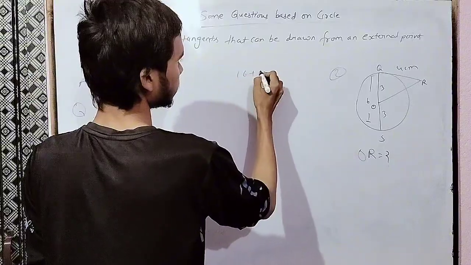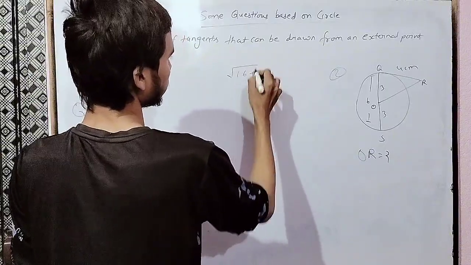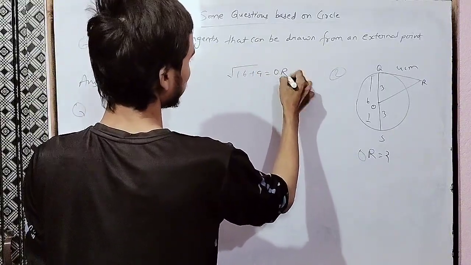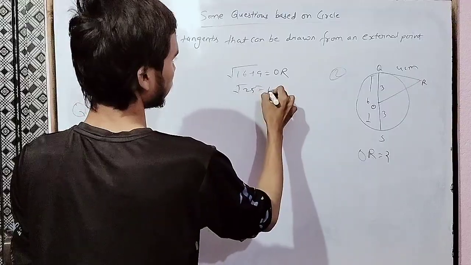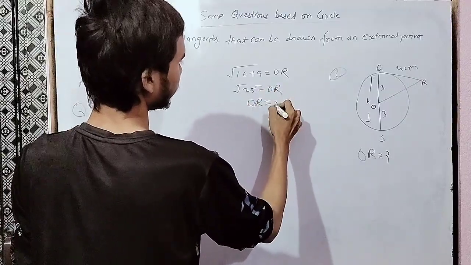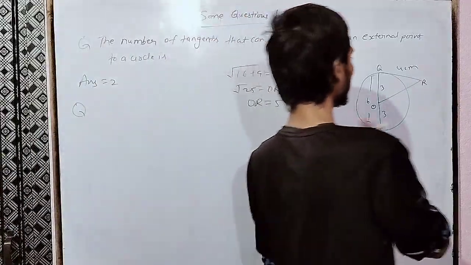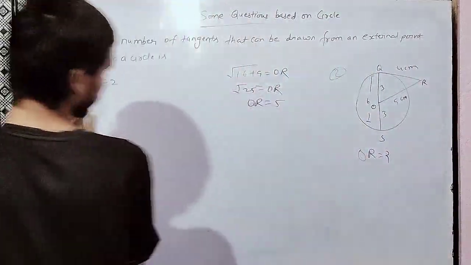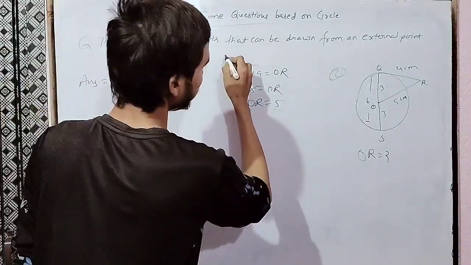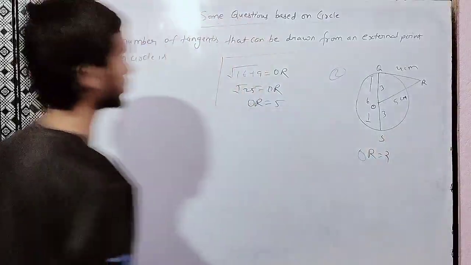So 16 plus 9 will be 25. OR squared is 25, so OR is equal to 5. So the meaning of this answer is OR is 5. This was another question.